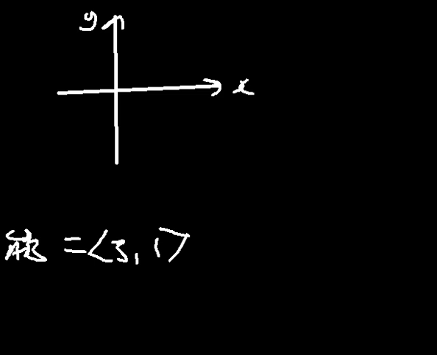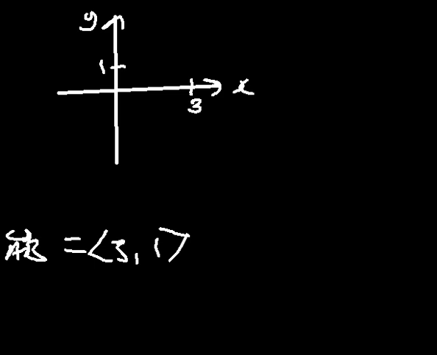The vector will be in the first quadrant since all components are positive. Along x, the vector has to move 3 steps, and along y, 1 step.